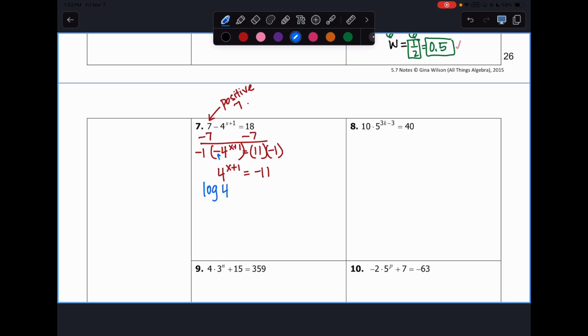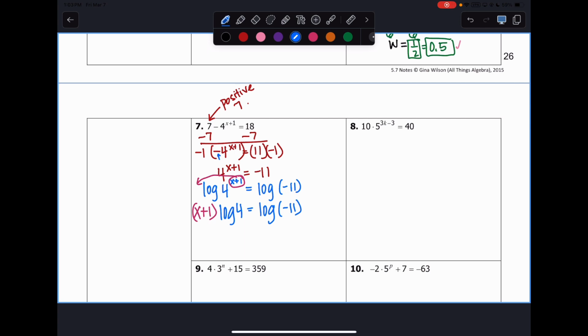So I have log of 4 to the x plus 1 equals to log of negative 11. Okay? I'm going to move this x plus 1 to the front. We get x plus 1 in parentheses because they come together. Log of 4 equals to log of negative 11.